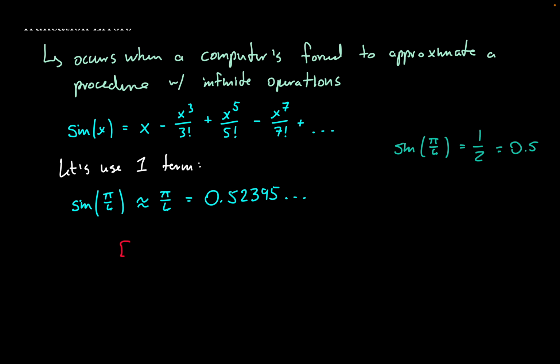So we can say that our truncation error, so the tr stands for truncation, is going to be equal to the true value, which is 0.5, minus our approximated value, or 0.52395 dot, dot, dot. So that'll give us about negative 0.02395, on and on and on.